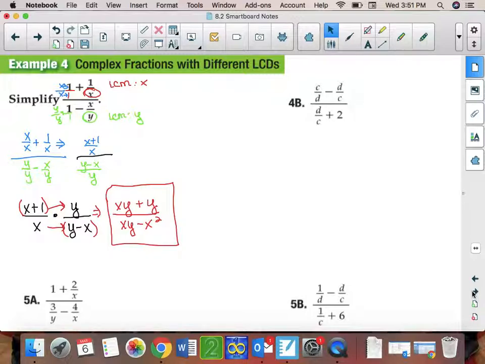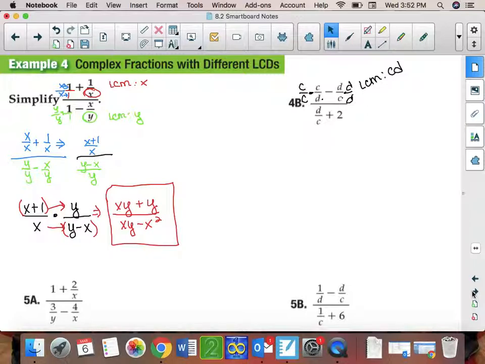Okay, so if you look at 4b, again, I'm trying to get this top right here to just become one fraction. So I need to get the denominators to be the same. And so if you notice, that least common multiple is going to be the c and the d. I need it to be a c and a d. So this side, I need to multiply by c over c. This side, I'm going to multiply by d over d.